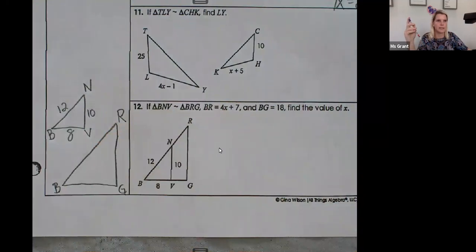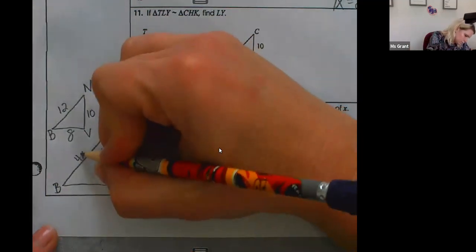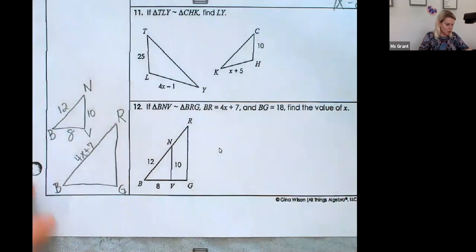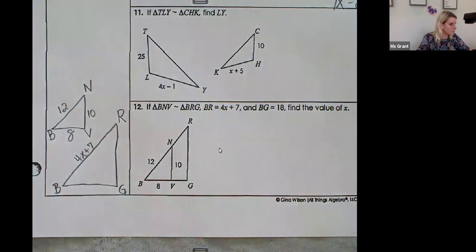Now let's use the information that we're given. BR equals 4x plus 7. Obviously, that's going to go with 12, right? BG is 18.